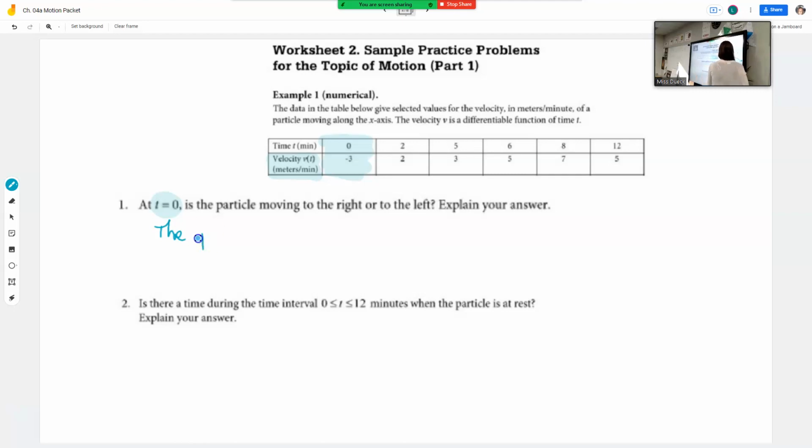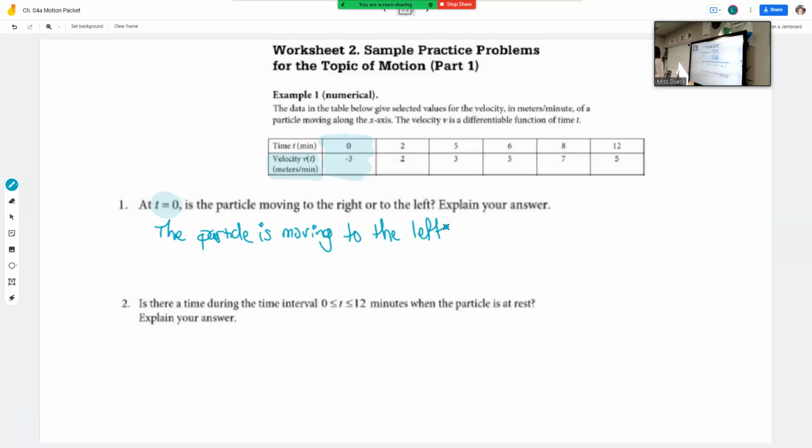The particle is indeed moving to the right. You're getting homework done. I'm not saying the answer is right. W-R-I-T-E. Put your pencil to the paper and write the answers down. The particle is moving, I'm sorry, to the left. Hold on! You're not done! Because it said explain.